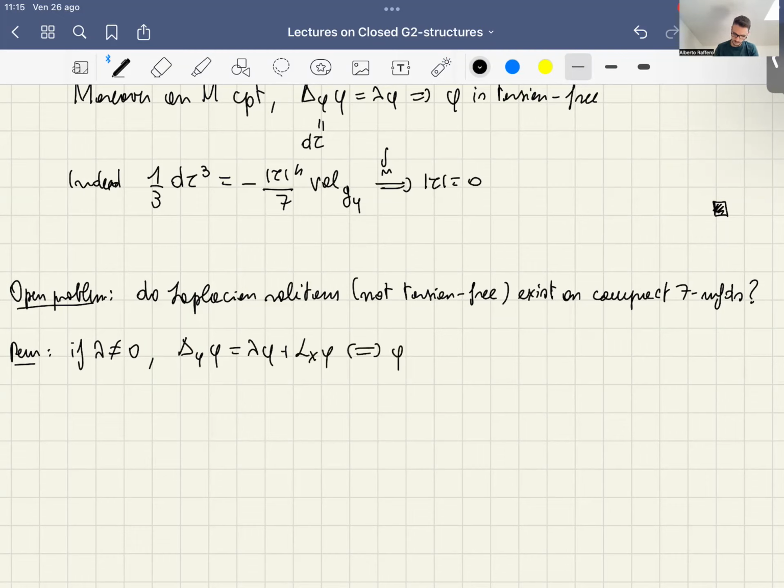You can rewrite it as phi being equal to the differential of 1/lambda tau minus the contraction of phi with X. And so in particular, if you have a Laplacian soliton that is either expanding or shrinking, so if lambda is not 0, then the three form defining it must be exact. So you must have an exact closed G2 structure.